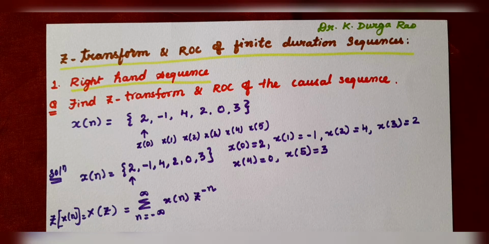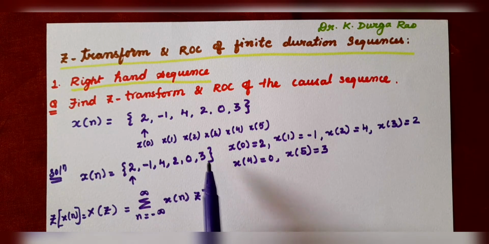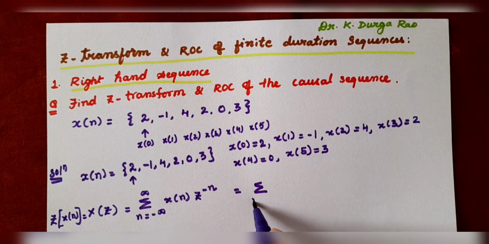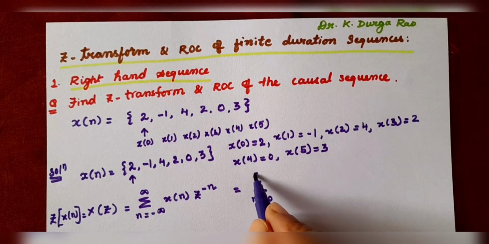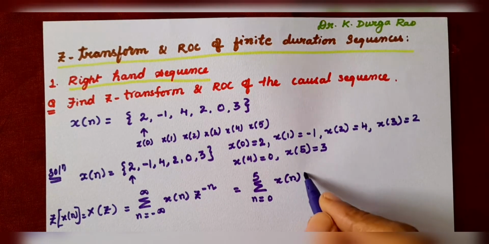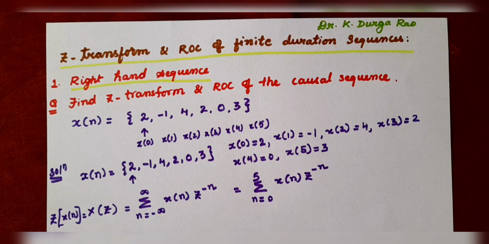Okay. So, we can use it as it is clear the sequence is from 0 to 5. So, now we can write the summation n is equal to 0 to 5 x of n z to the power of minus n. Open the summation now.